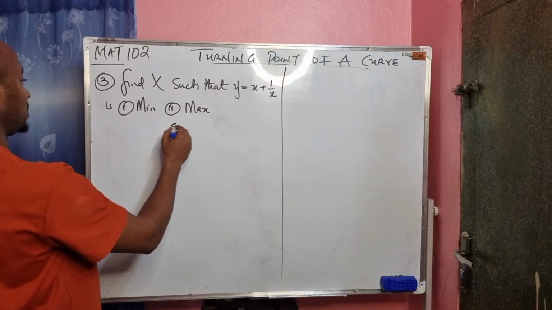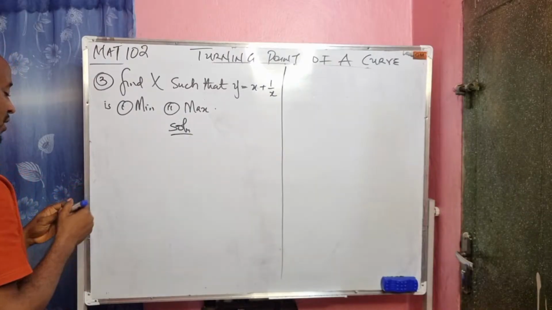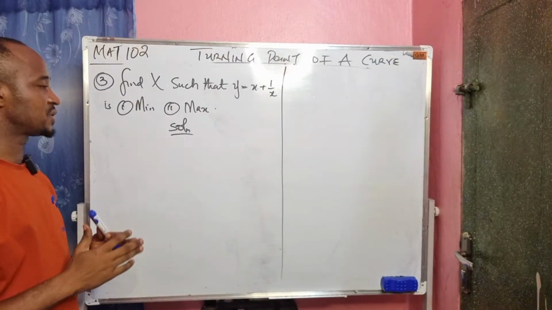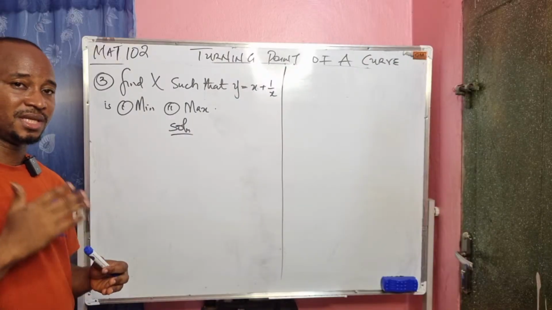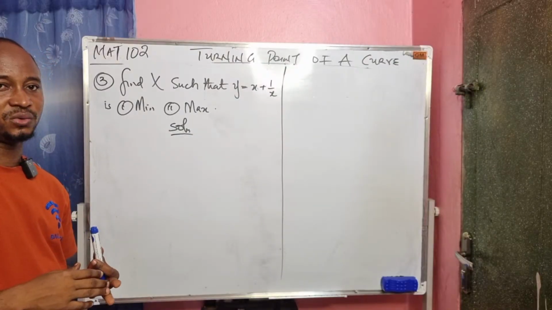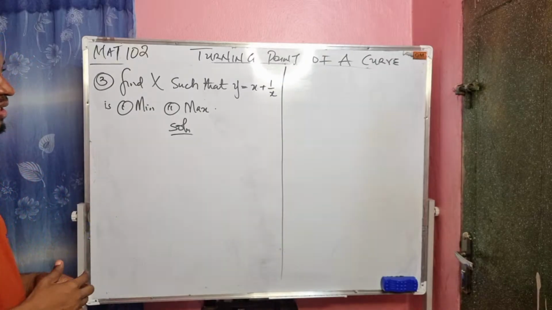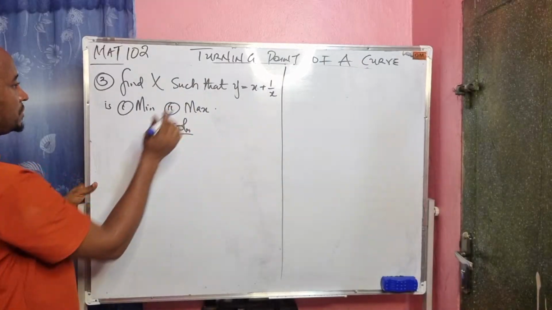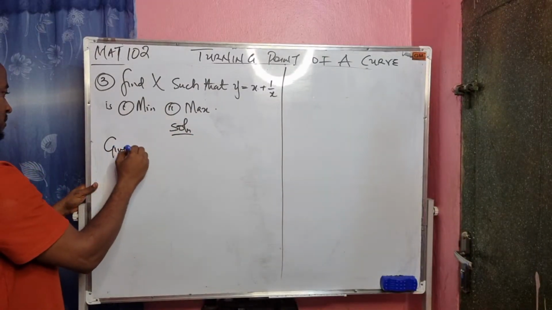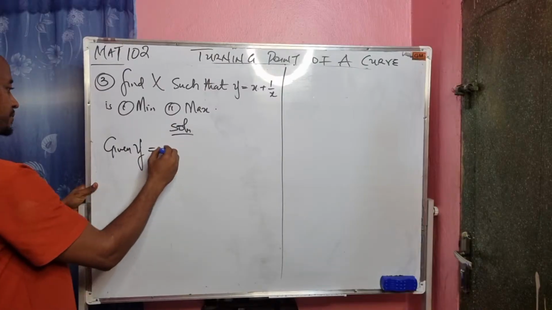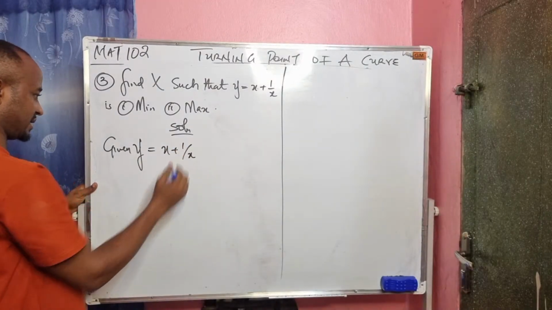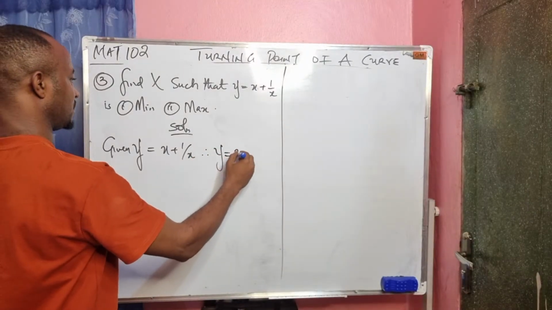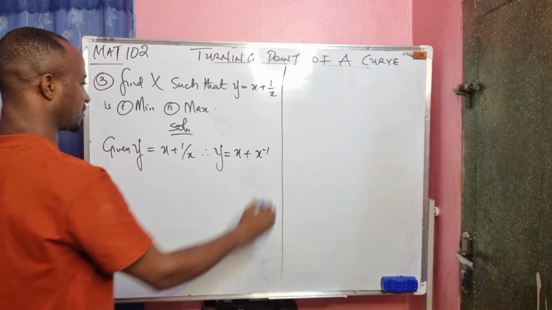This is very simple. In this case, we are not going to find the stationary points. We only focus on finding the value of x, the minimum value of x and the maximum value of x. Let's see how we can generate this. We are given the function y equals x plus 1 over x, which is the same as y equals x plus x to the power of minus 1.